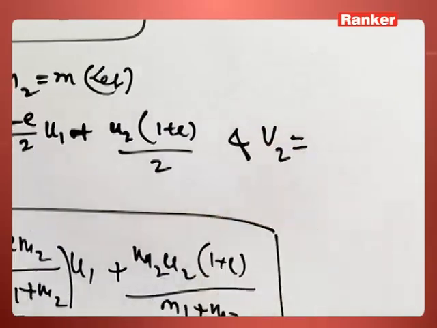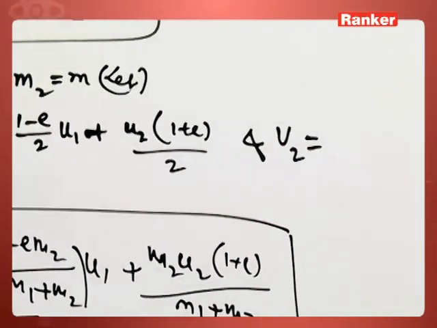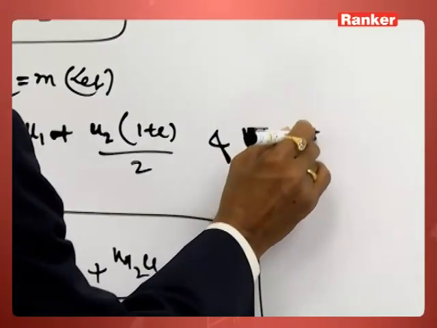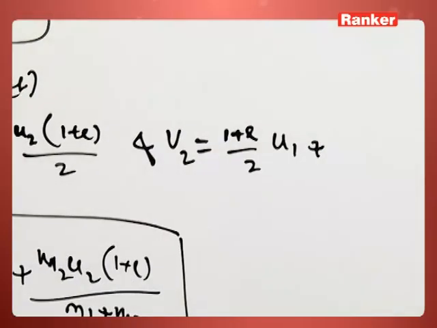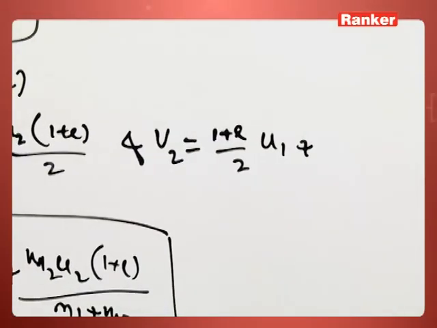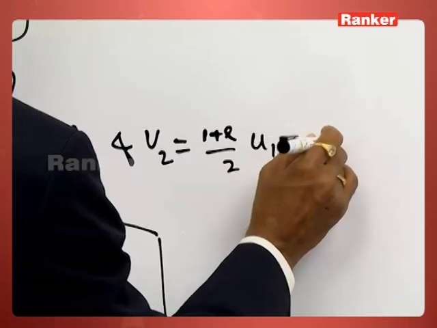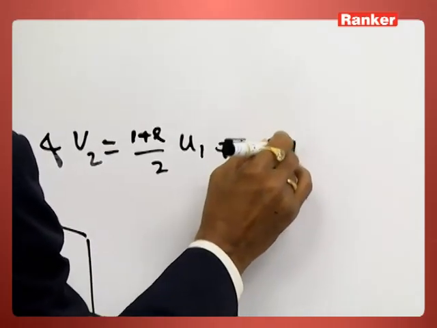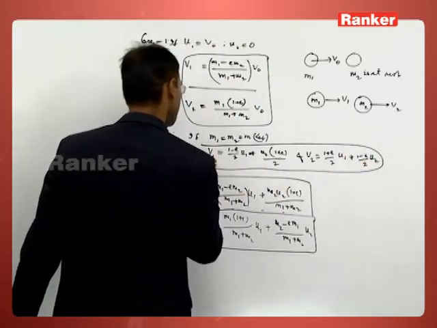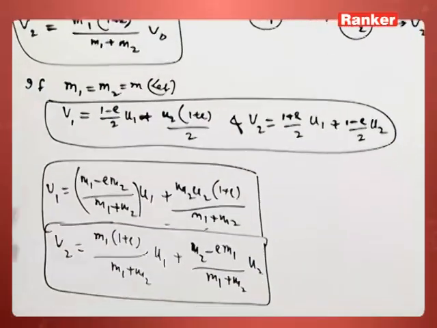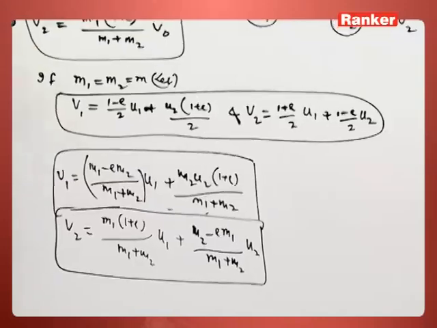And V2 is equal to 1 plus E by 2 into U1 plus 1 minus E by 2 into U2. So, these are the expressions for V1 and V2 when this condition is satisfied.